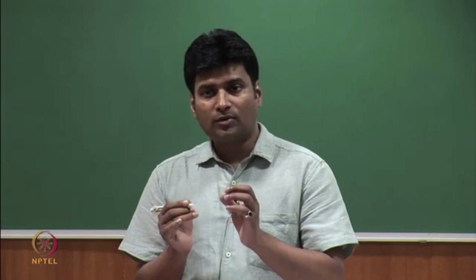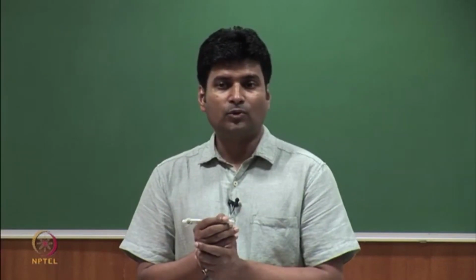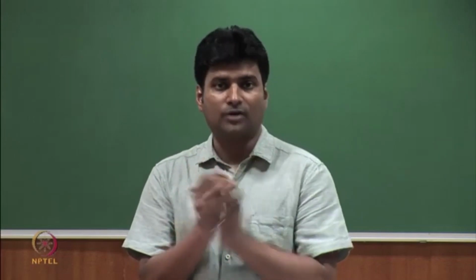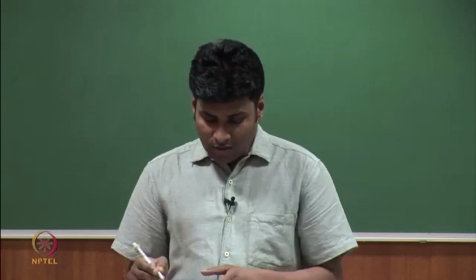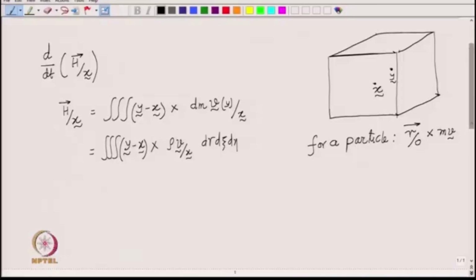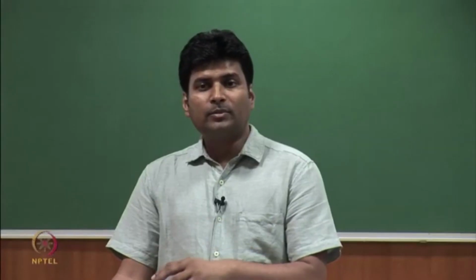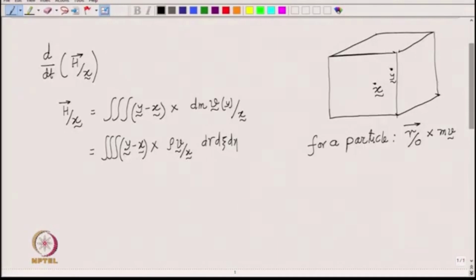The mass should not change; we have to apply it to an identifiable mass. The problem with this cuboid is that the mass contained in the cuboid at a given time is something, and at a later time it is something else, because mass is transporting through the cuboid.